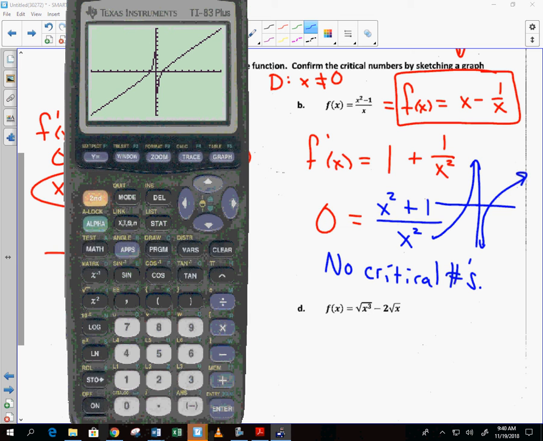Is the derivative ever equal to 0? No, it's not. And the only spot where the graph does not have a value is at x equals 0, which we anticipated. Yeah, I agree.